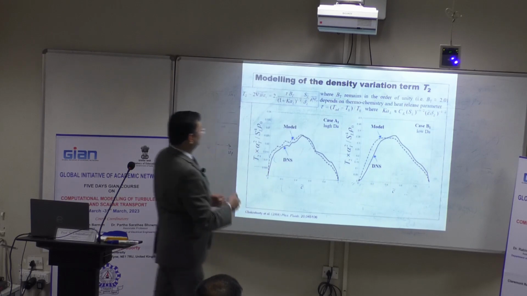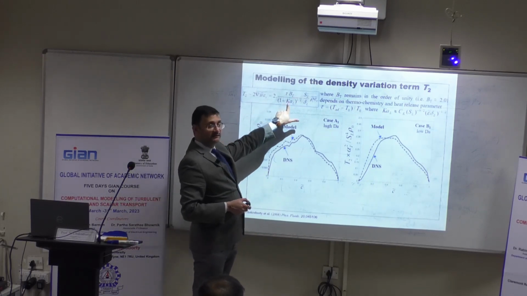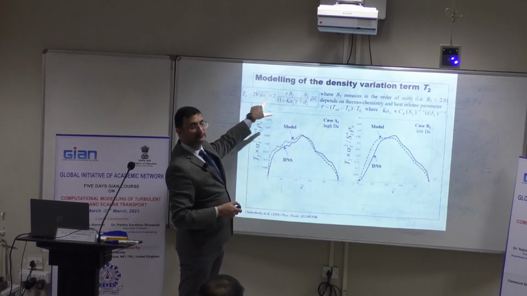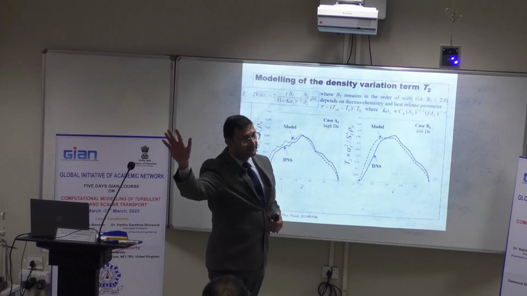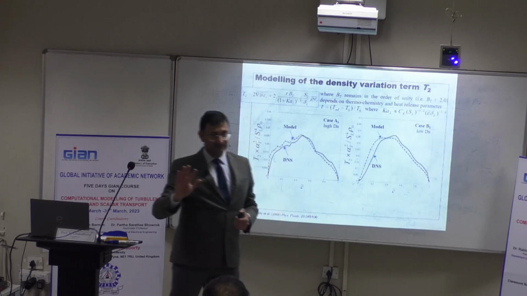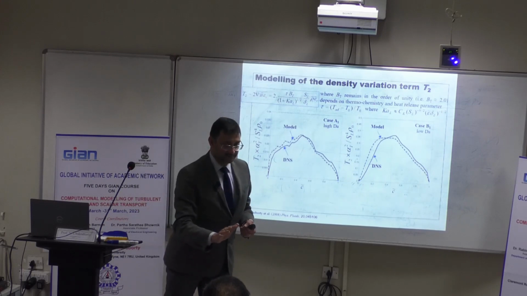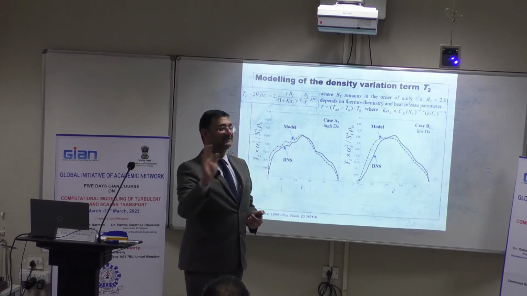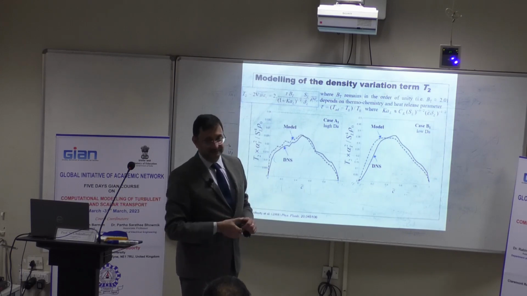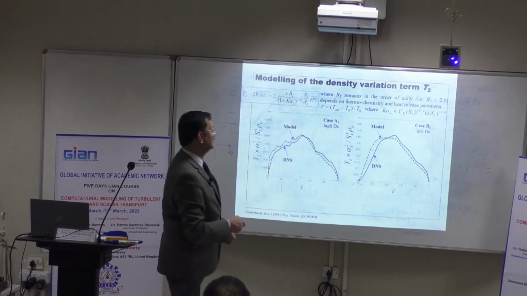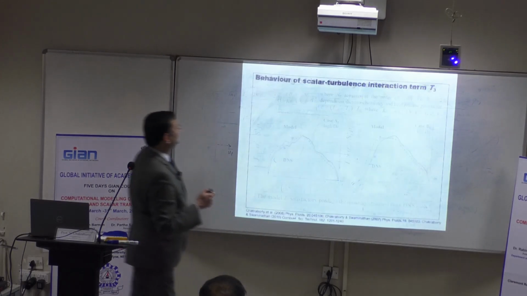So the functional form is such that when Karlovitz number is large, T2 strength will go down. Why? At high values of Karlovitz number, it tends towards the non-reacting situation. If non-reacting situation prevails, your density gradient effects are going to be weak. That's what the model essentially tries to represent. As you can see, it does a reasonably good job.